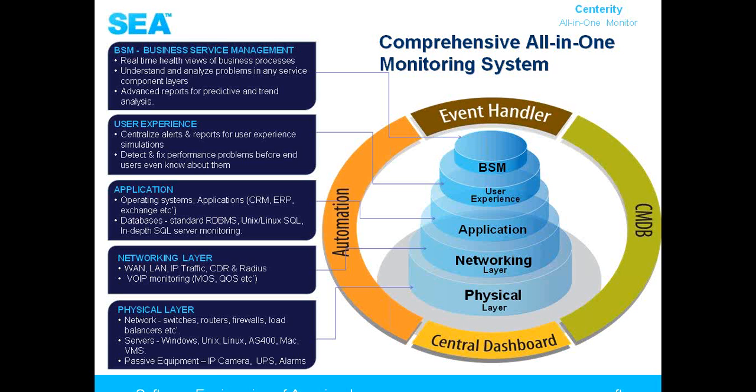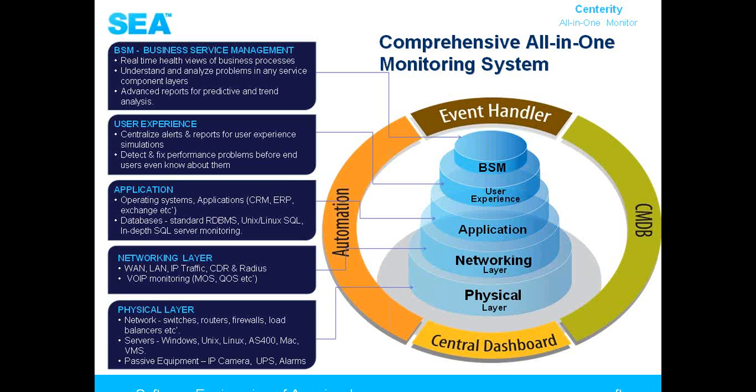Finally, on the left there, you see a smart engine. This provides automation and enables the creation of predefined, simple or complex proactive actions that you can take based on scenarios specific to your business. A good example of this, let's say you have an alert that goes out.